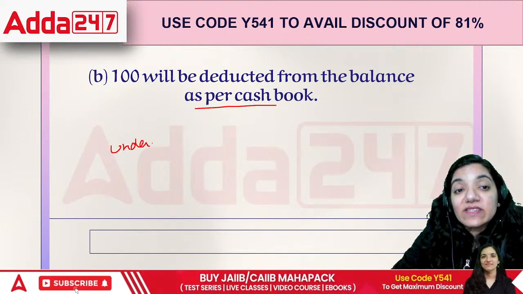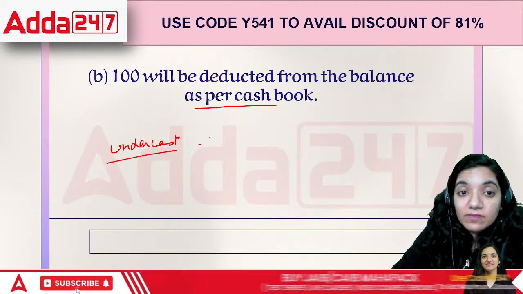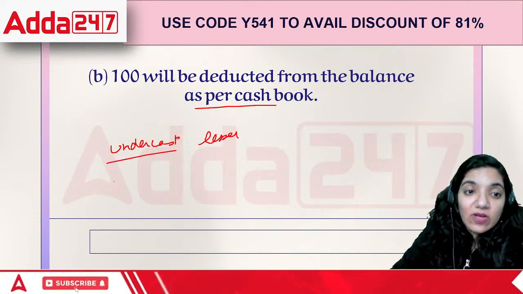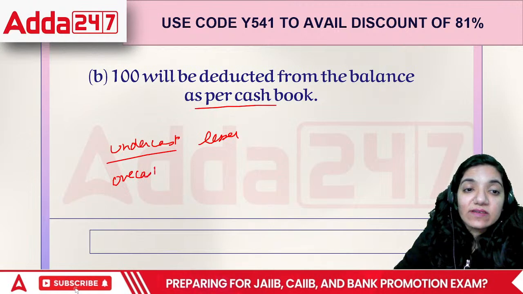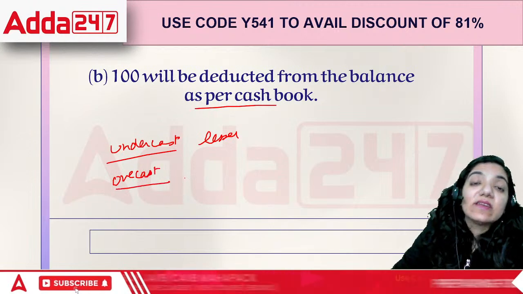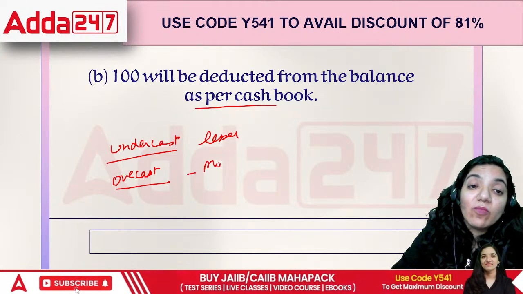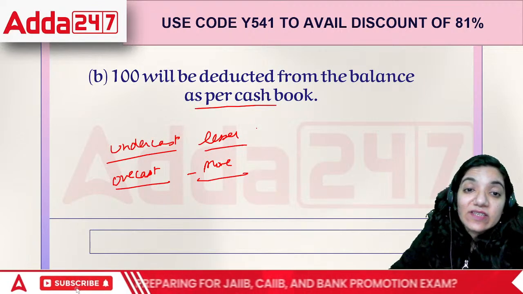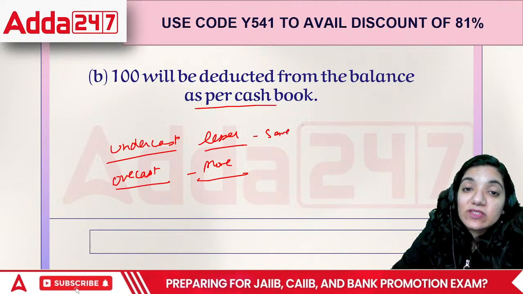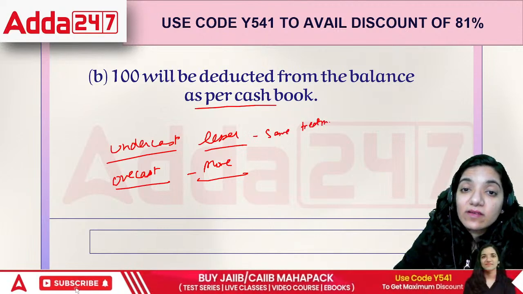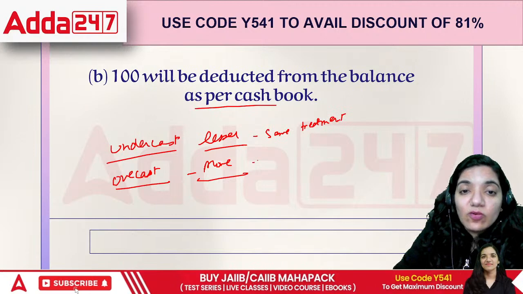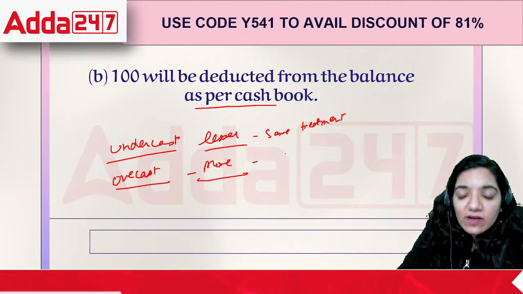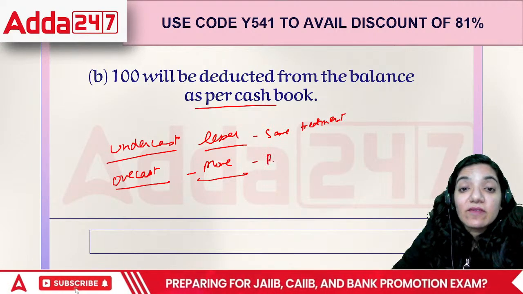Undercast means whatever its actual value is, it's lesser than the actual value. Overcast means it is at a value which is more than the required. So in undercast, we will do the treatment that is required, and in overcast, we will reverse.